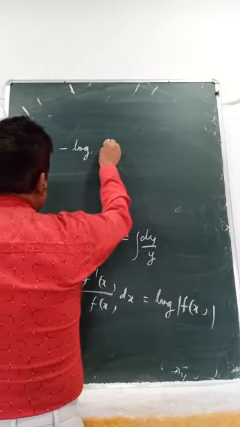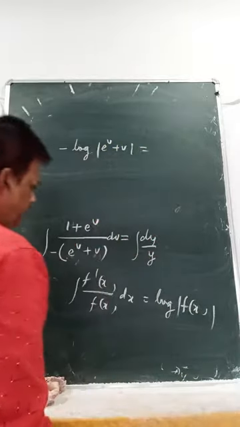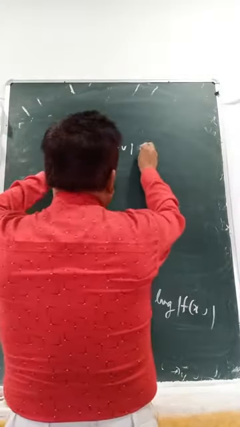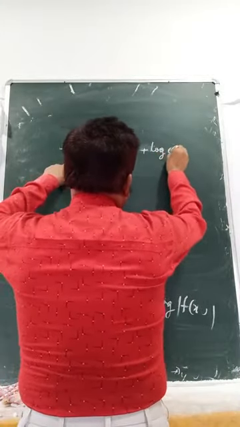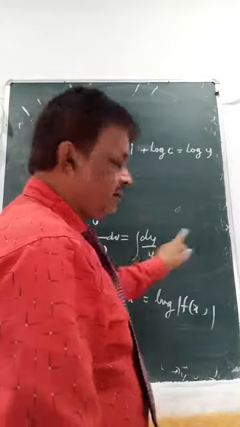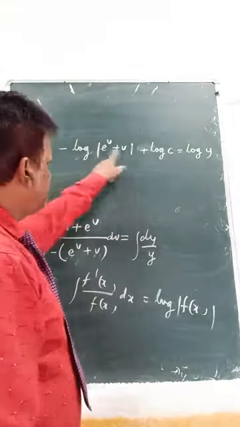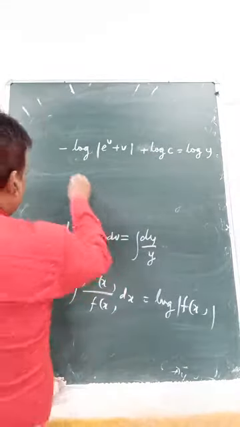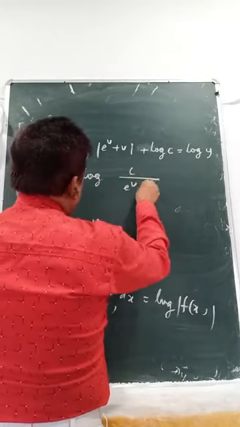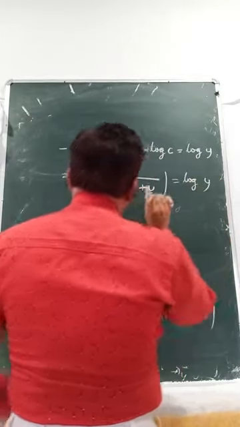Log of e to the power v plus v equals log y, or what I can do is I can add here log c. It will be simple for us. Equals to log y. Got it? Now log a minus log b. Constant I am adding here. It will be easy to simplify. So log c by e to the power v plus v equals log y.